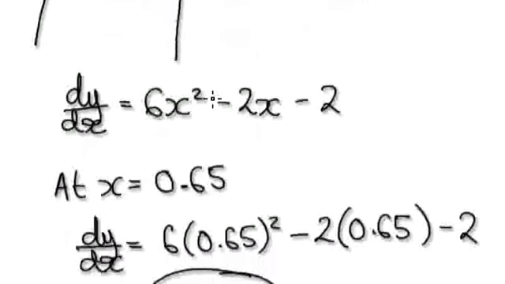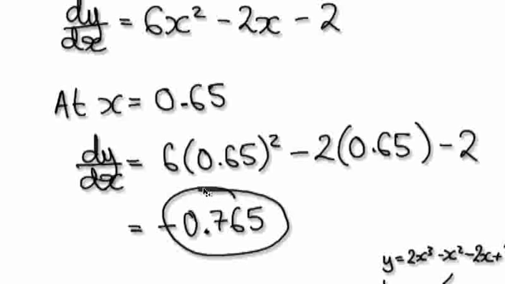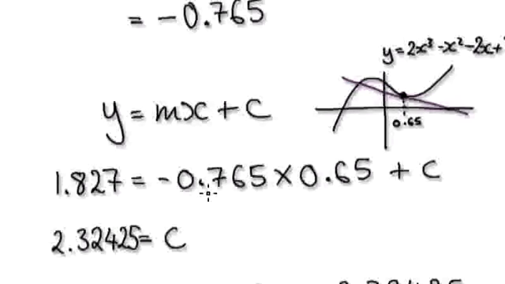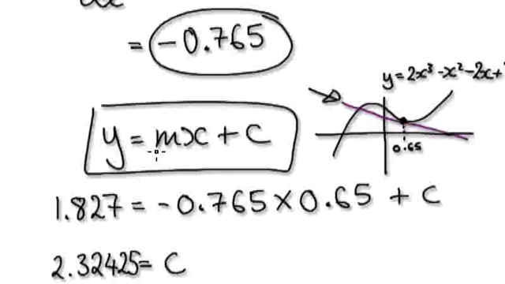So here we've got the gradient, which is this here. Now looking at the straight line, the straight line is given by y equals mx plus c. We know the gradient, so this bit here goes into here.